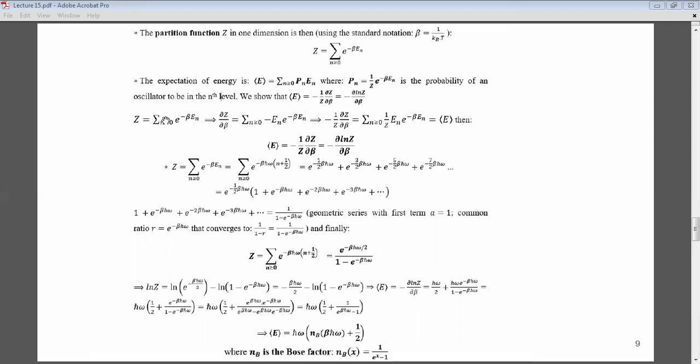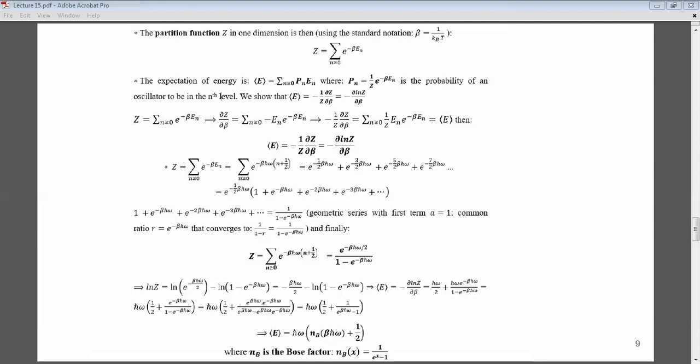The minus En will jump outside, so it is the summation over n of minus En e to the minus beta En. What is 1 over Z del Z by del beta? It is minus 1 over Z summation of En e to the minus beta En, which implies the expectation value of E is minus 1 over Z del Z by del beta.